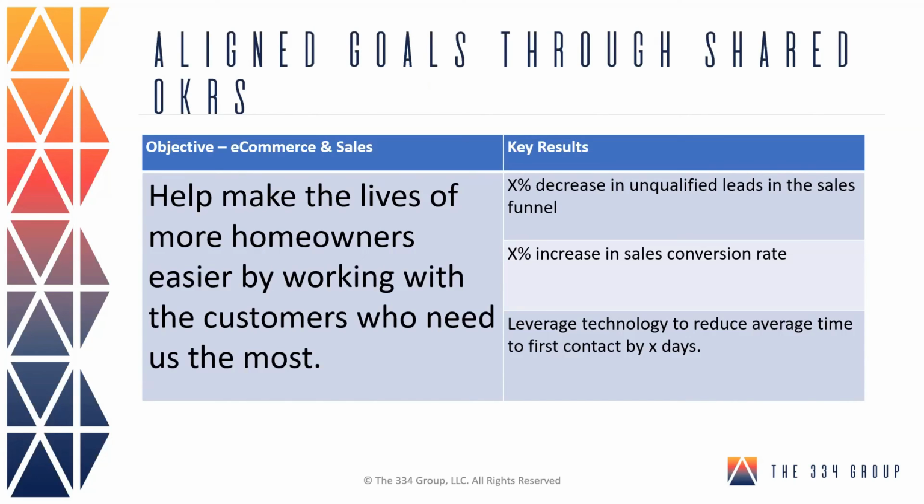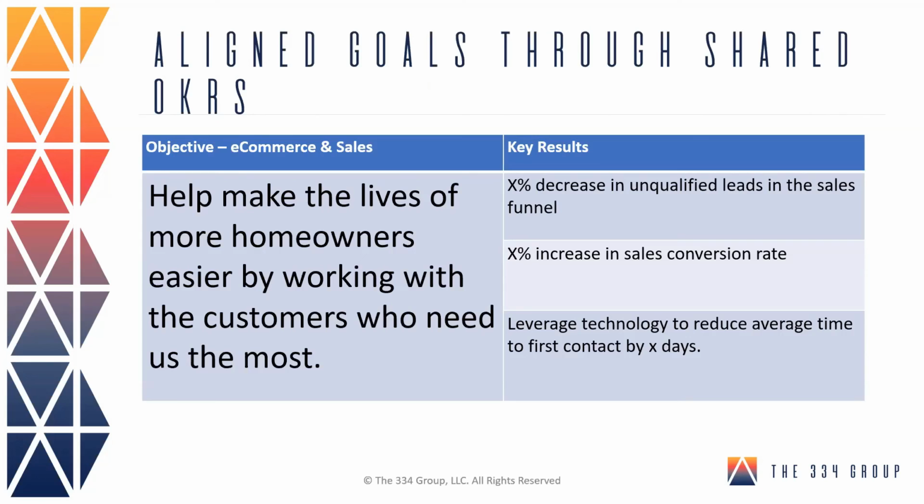Another metric we're measuring is the conversion rate in sales. Now that seems very sales centric, but because this is a shared OKR, it won't just be the sales team with that goal. The e-commerce team now has an incentive to try to find creative ways to help sales improve that metric because they're accountable for it as well.